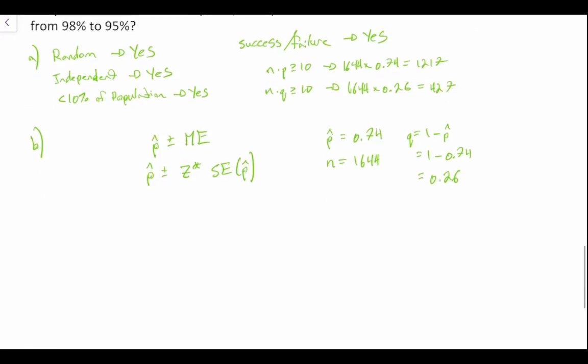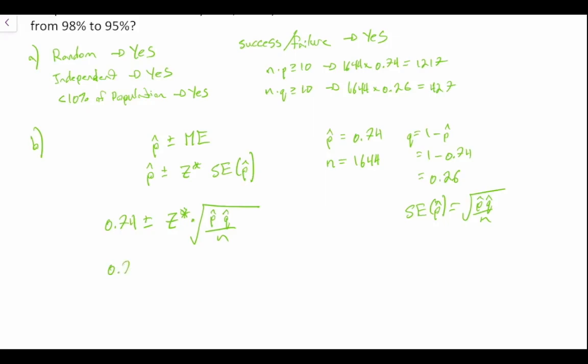So let's go ahead and write out our confidence interval here. Our estimate is 0.74 plus or minus our z star. We will come back to that in a second. The standard error of p hat is equal to the square root of p hat times q hat divided by n.